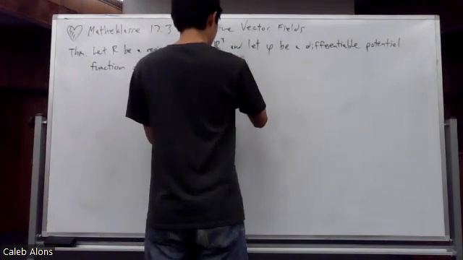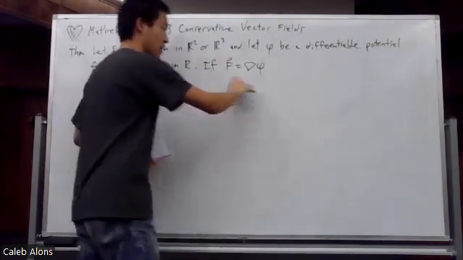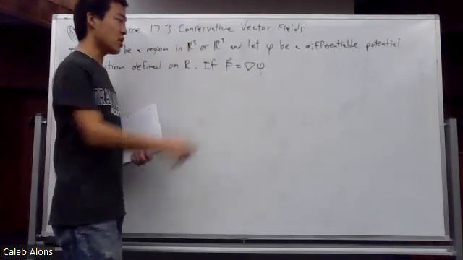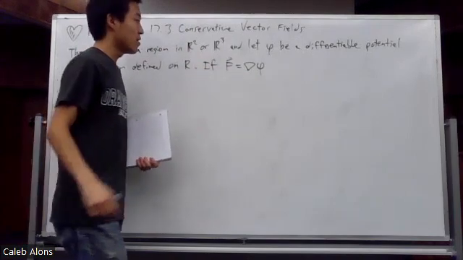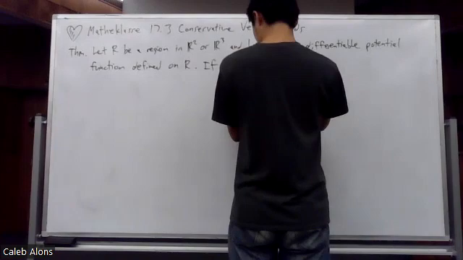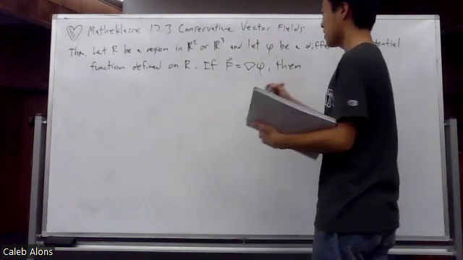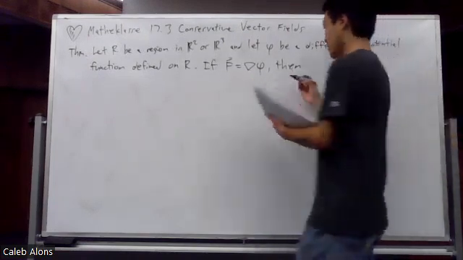If F is equal to the gradient of the potential function, every single time you see this, what should equivalently go through your mind is, oh, F's conservative. If F is a conservative field, and if I said F was conservative, this should also flash through your mind, the idea of it being a gradient.